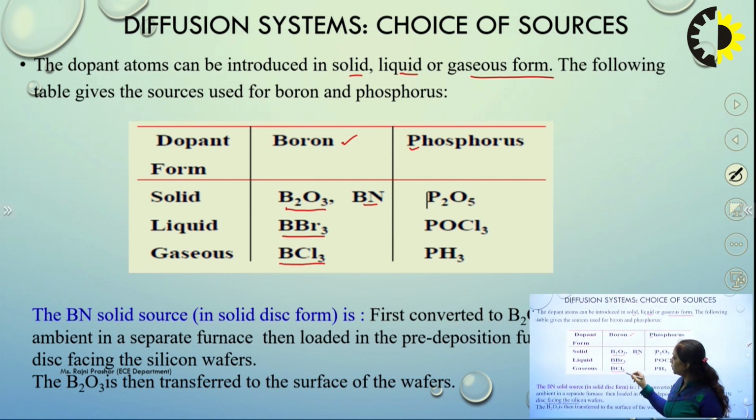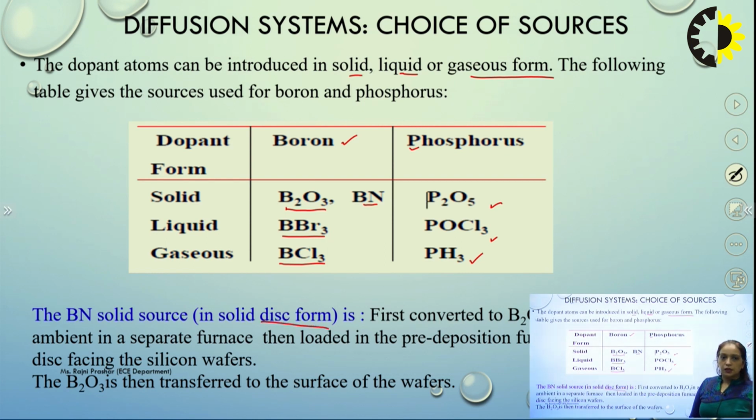For phosphorus, in solid form it is P2O5, in liquid form it is POCl3, and in gaseous form it is PH3.